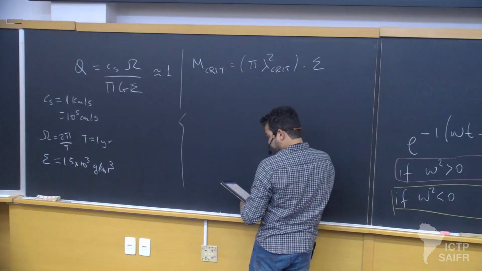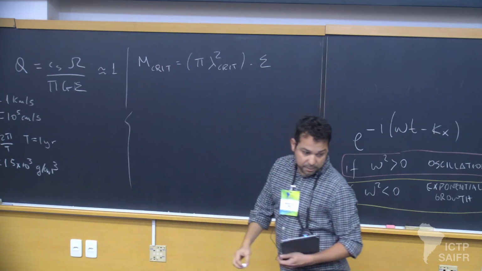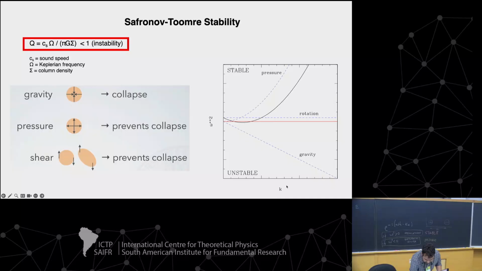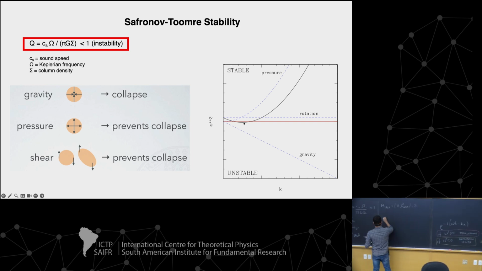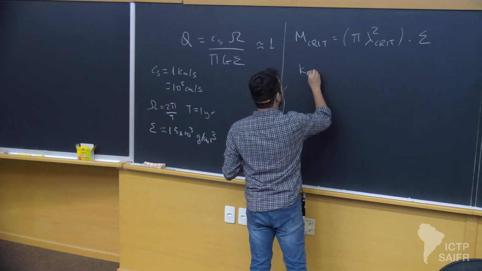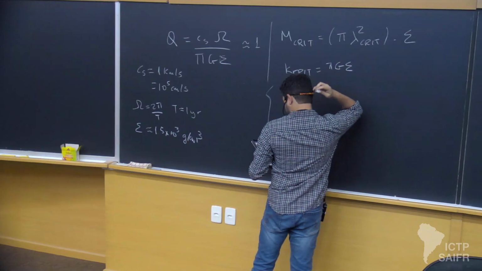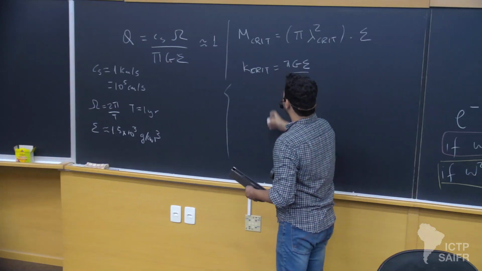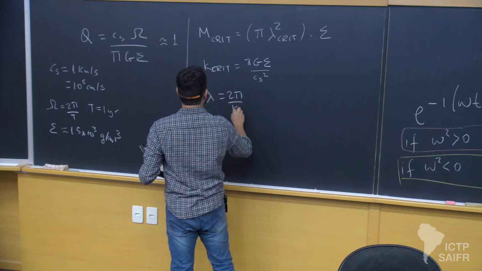Now, the lambda comes from the critical K, the critical wave number, which is the Q of this part. If you solve this, you would find that the critical K is about pi times G times sigma over CS squared. So that K defines what the wavelength is, because the wavelength is 2 pi over K.